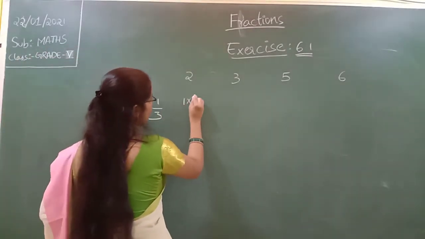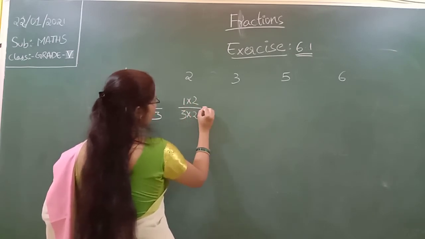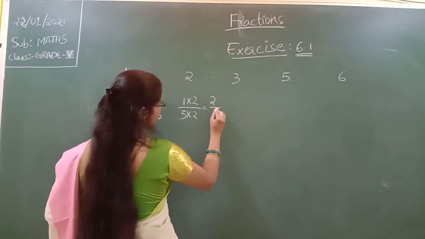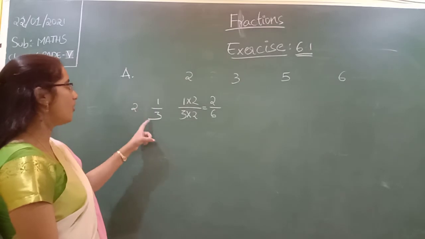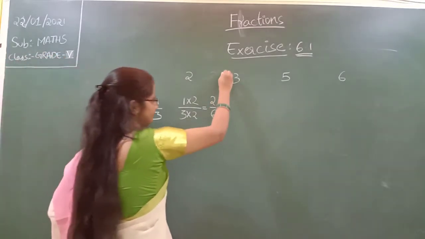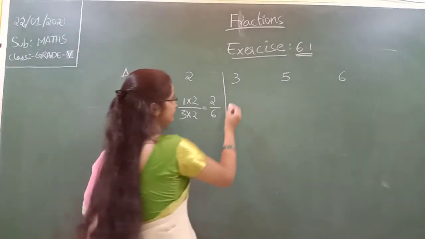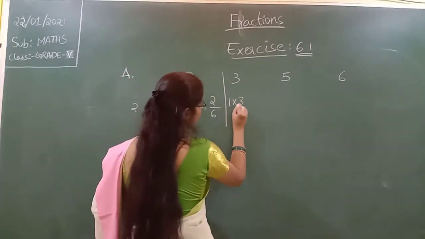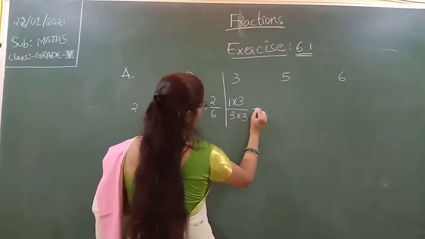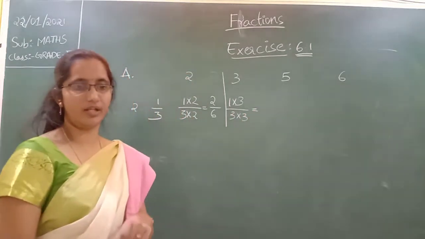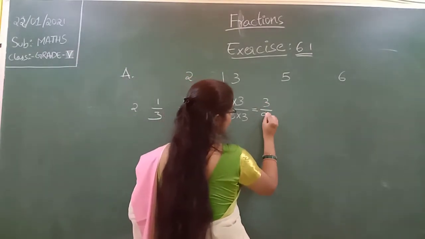1 into 2, 3 into 2 equals 2 by 6. 2 by 6 is the equivalent fraction of 1 by 3. Next we have to multiply with 3. 1 into 3 is 3 and 3 into 3 is 9.